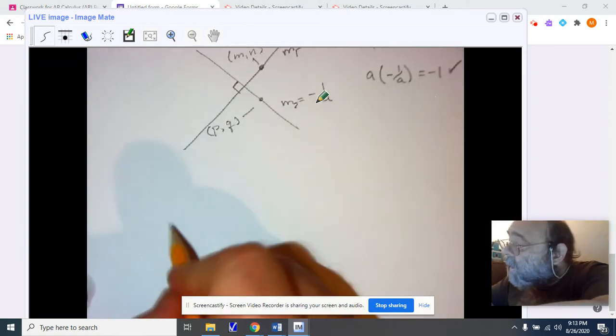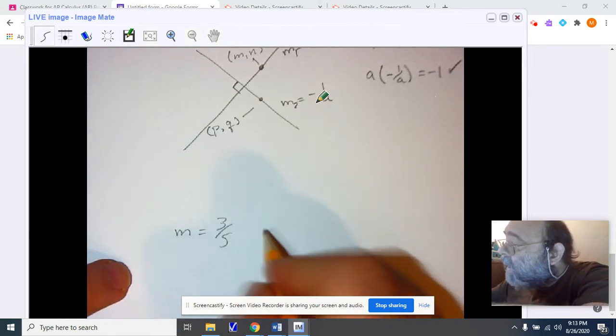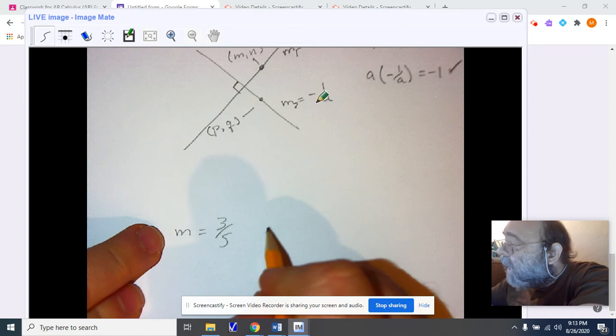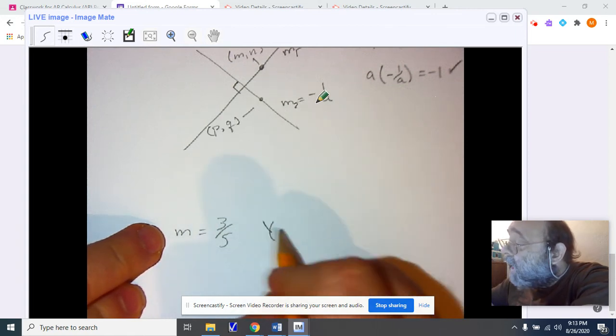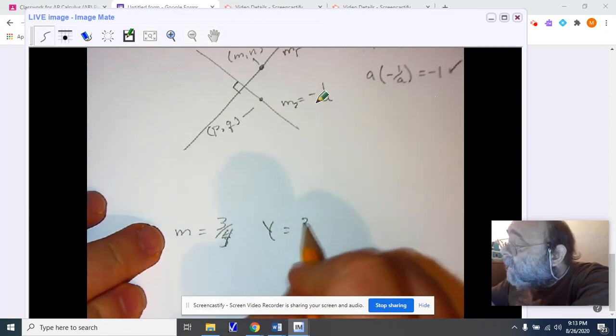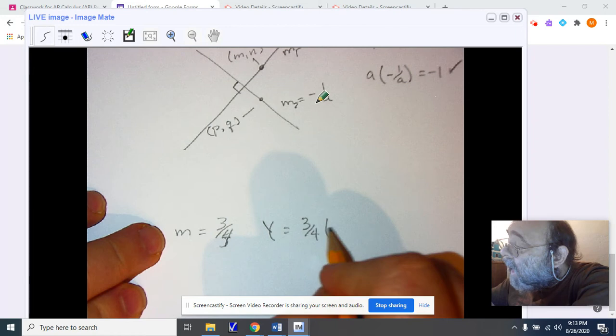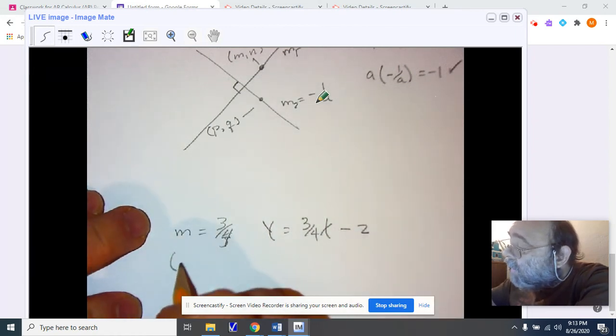Let's say we have a slope of 3/4 and we want it to go through the line. Let's say y equals 3/4 x minus 2, and we want to go through the point 4, 5.